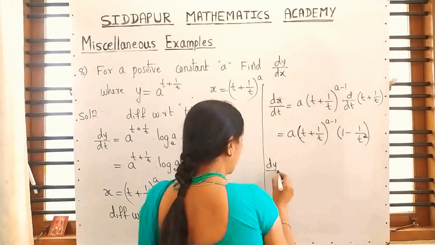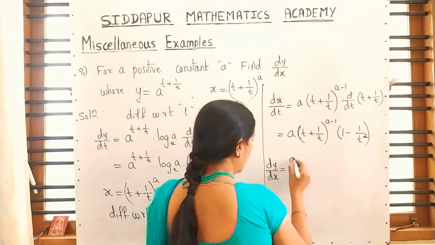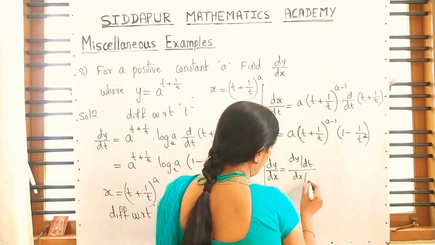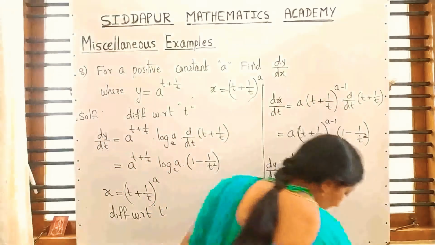Now dy upon dx is equal to dy upon dt divided by dx upon dt. Write down those values.